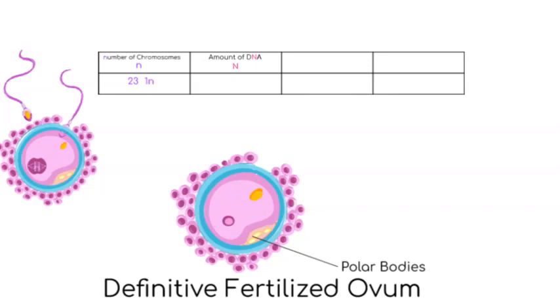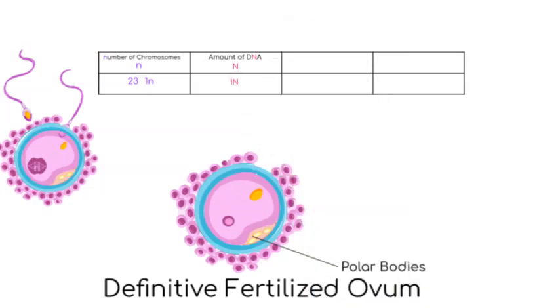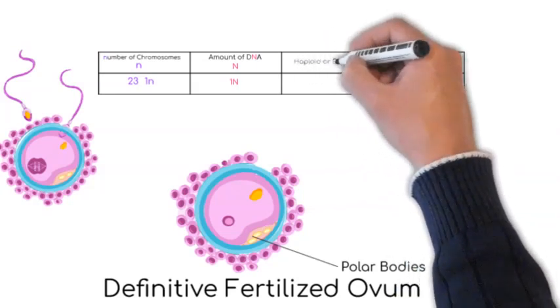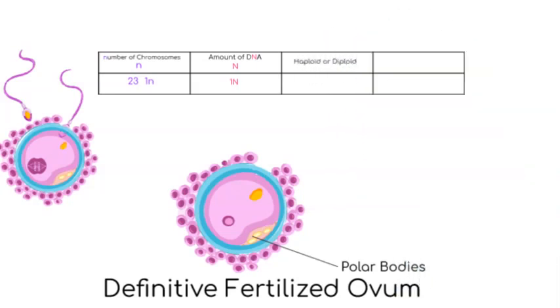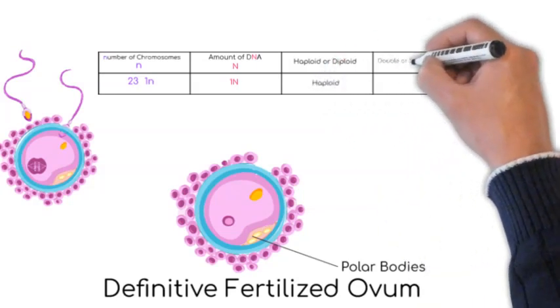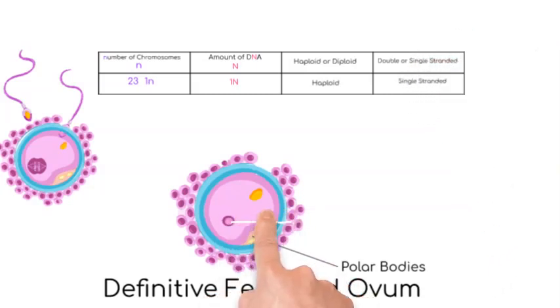What was it before, when it was double structured, 23 chromosomes? 2N. So now we have single structured chromosomes. So how many capital N would it be? 1. 1 capital N as well. So that's the amount of DNA. And is it diploid or haploid? Haploid. Very good.